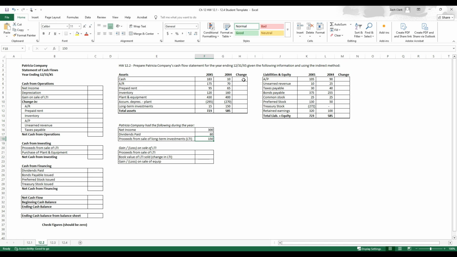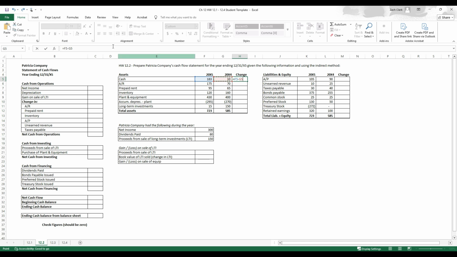The first thing I want to do with the balance sheet assets and liabilities and equity is to calculate the change year to year, because in the prior problems it just told us, for example, that AR increased during the year. But in this problem, we really have to calculate that for ourselves.